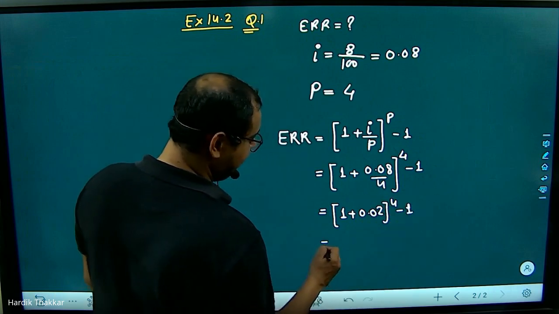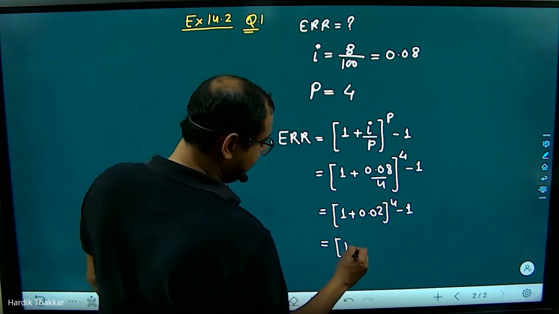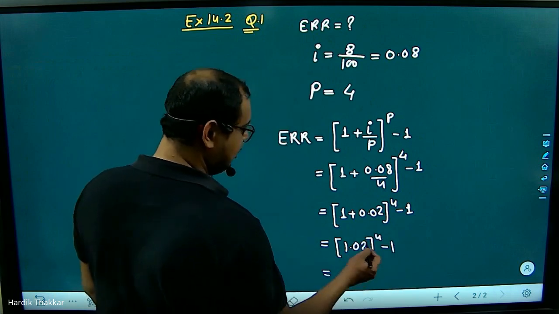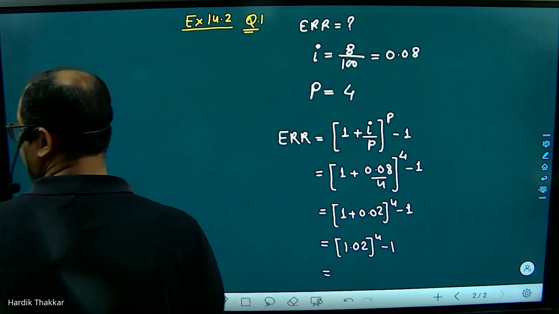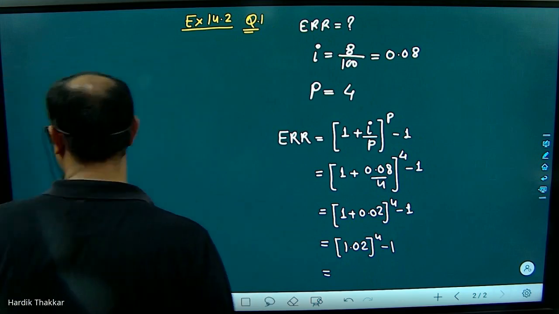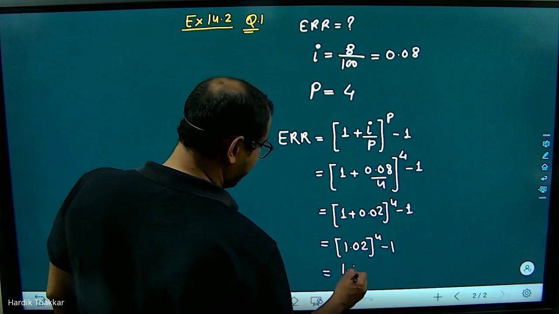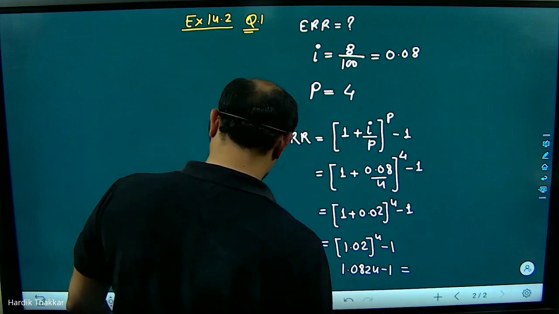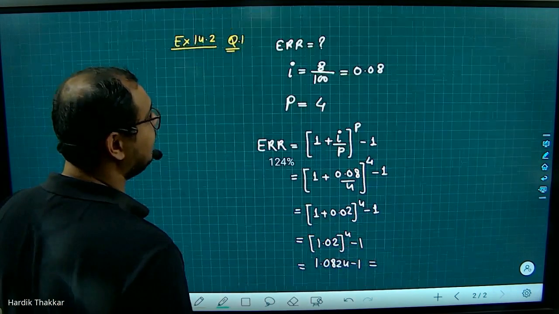And further, we can write it as 1.02 whole raised to power 4, minus 1. Now this value is given in the question. 1.02 whole raised to power 4 is 1.0824. 1.0824 minus 1.